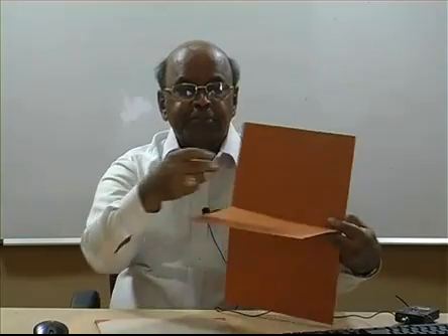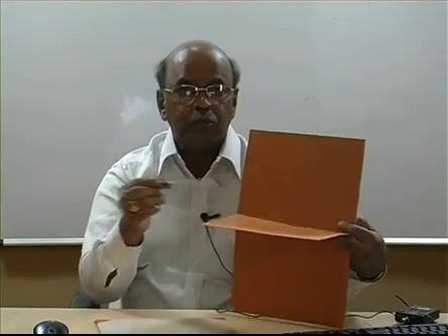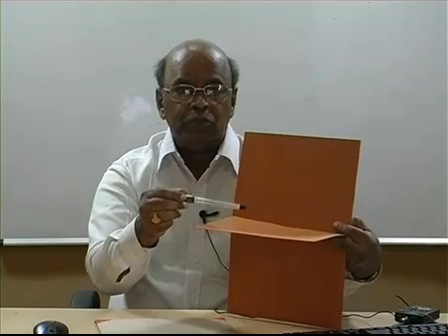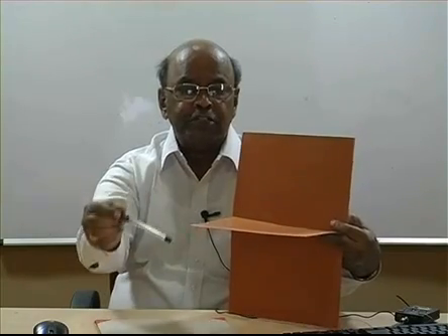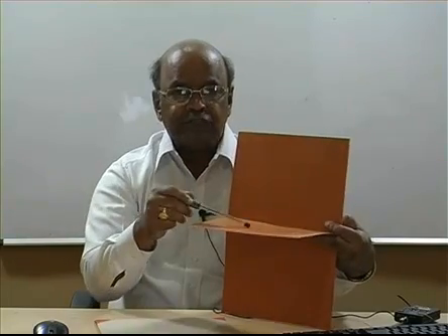Here you can see first quadrant. If you take any object in the first quadrant, it is defined as above horizontal plane, before vertical plane. So, suppose you are seeing from here, this is first quadrant for you.